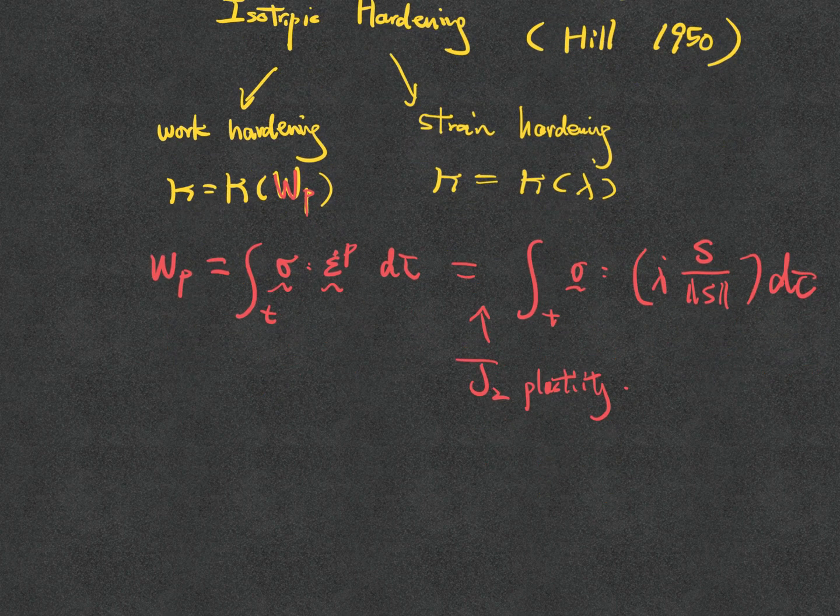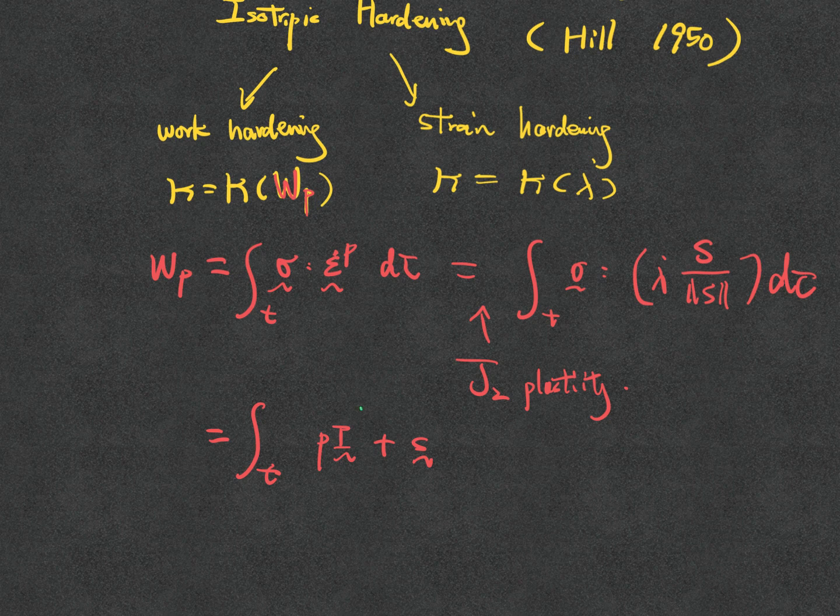Now, this is something that will require previous knowledge. If I recall what we learned before, we would use the partition between the isotropic hardening and the directorial hardening to write the stress.